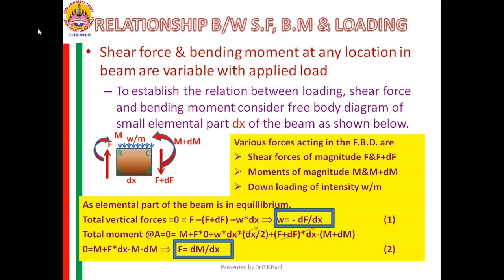Couple will come only when you are going for total of moment equal to 0. And again, the moment should not be multiplied with the distance. You have seen the amount of the couple is not dependent on position of the couple because distance is not coming into picture. That is the speciality of the couple.